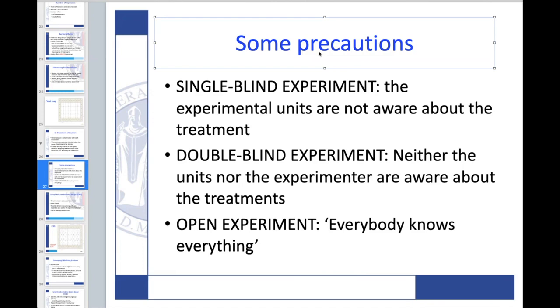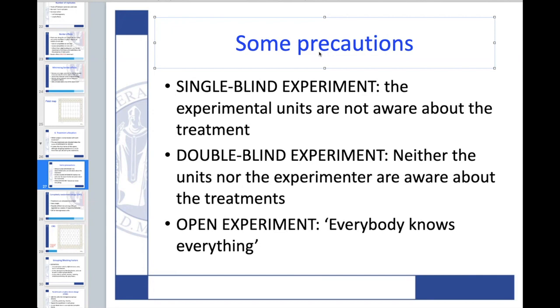In some cases, the experimental unit knows that he's going to be treated, but he doesn't actually know whether he's going to receive the treatment or the placebo. Right? That happens. Of course, we make single-blind experiments when the experimental unit can be influenced by knowing which treatment he's going to receive. This is not common with agriculture.